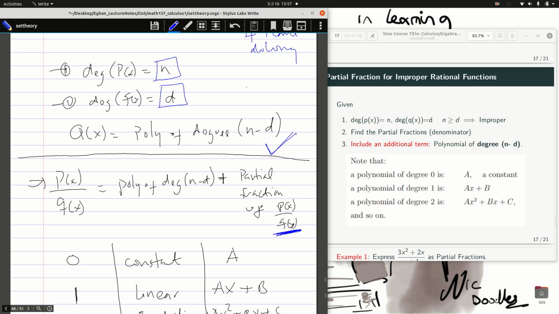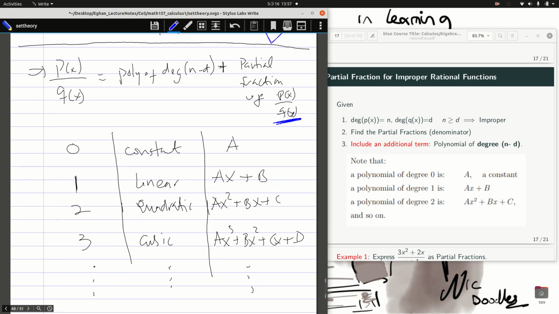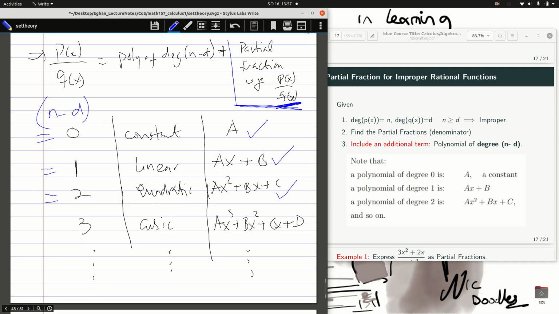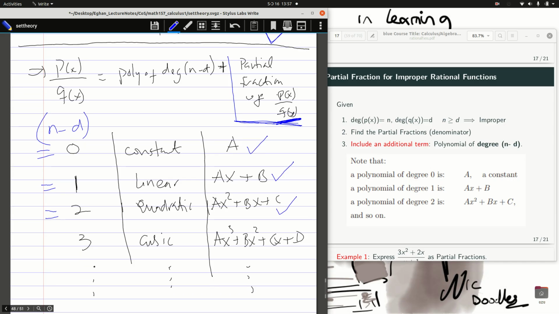If n minus d is giving you 0, it means it is a constant polynomial, so I add a constant to it. If it's giving me 1, it is linear, and that is a linear form. If it is 2, it means I add a quadratic form to the partial fraction part, and so on and so forth. So that is how the q of x is obtained.